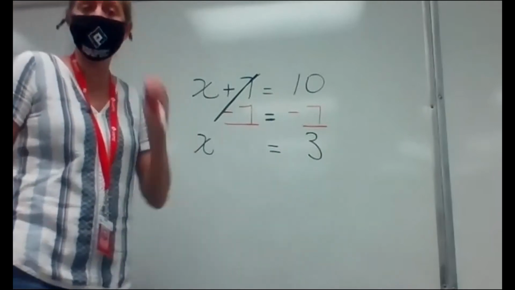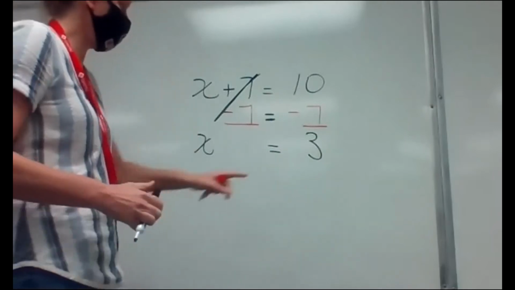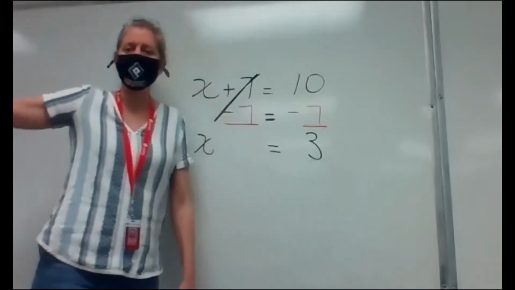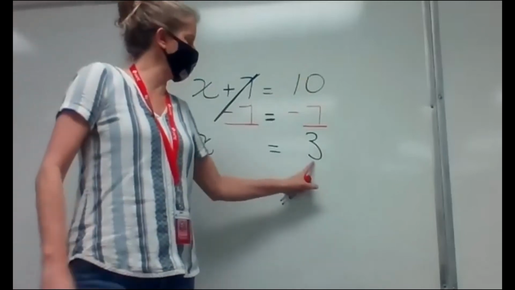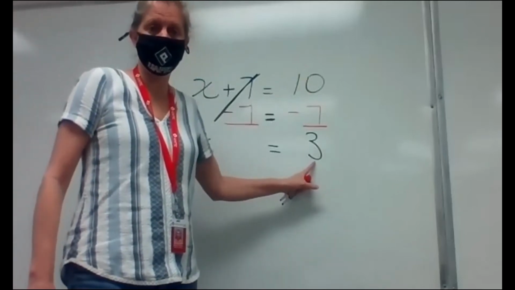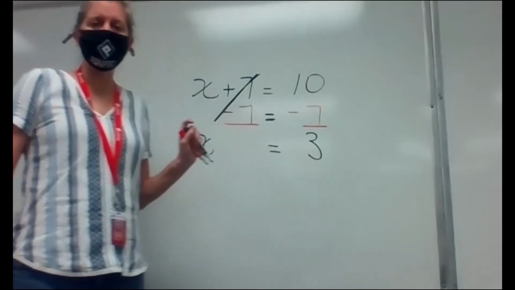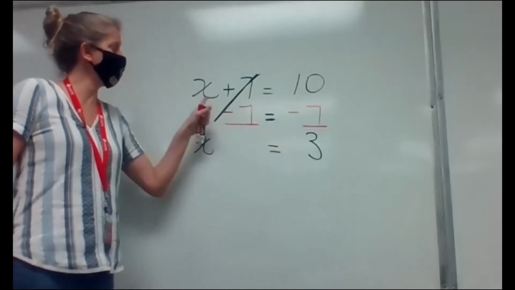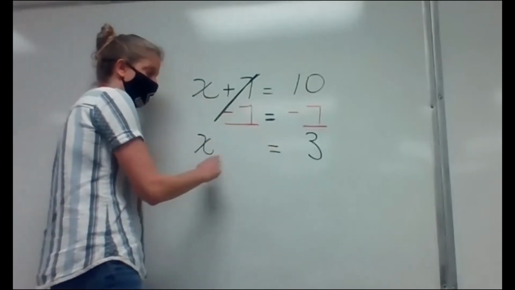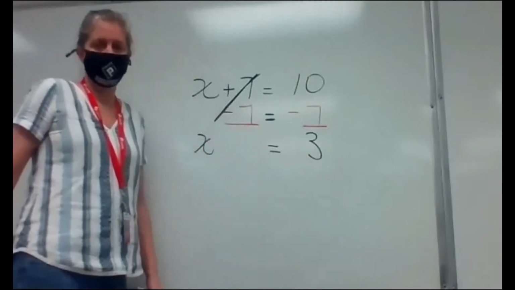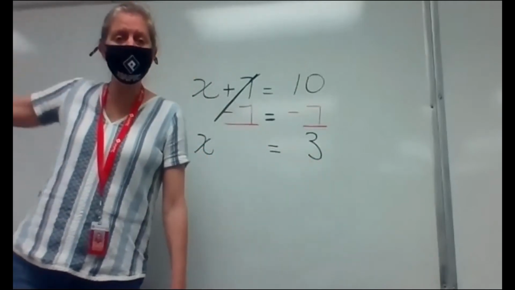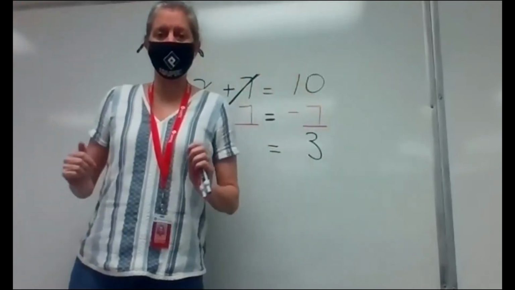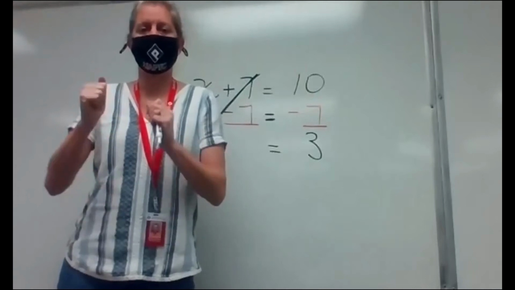So let's say you wanted to check your equation or check your answer. Whatever you get, and this goes for any equation that you're ever going to solve. Whatever you get as your answer, if you take that number back to the original equation and put it in for the x, right? You're saying that that x is 3, which means if you go back and put it in place of that x, it should make both sides of your equal symbol the same exact thing, right?